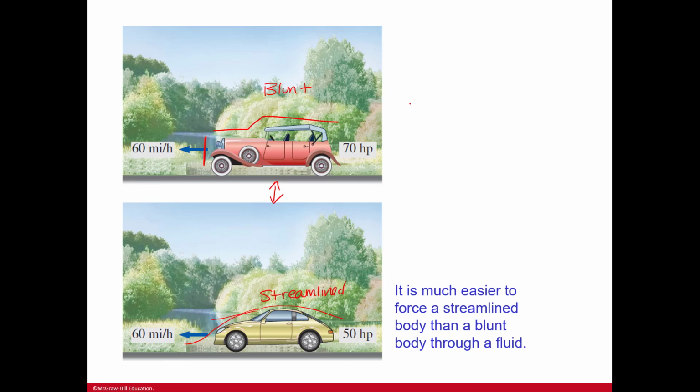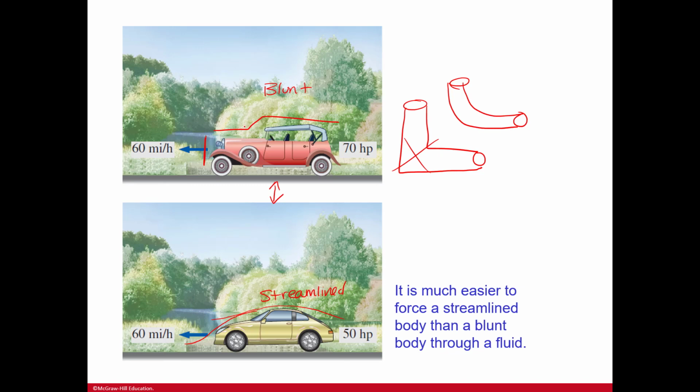We talked about that when we talked about rounding pipes, that it's much easier on the fluid to go through something that's curved versus a sharp 90-degree angle, right? This would be more difficult. So it's much easier to force a streamlined body than a blunt body through a fluid.